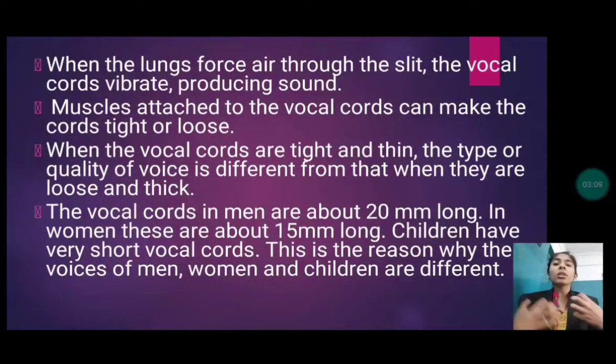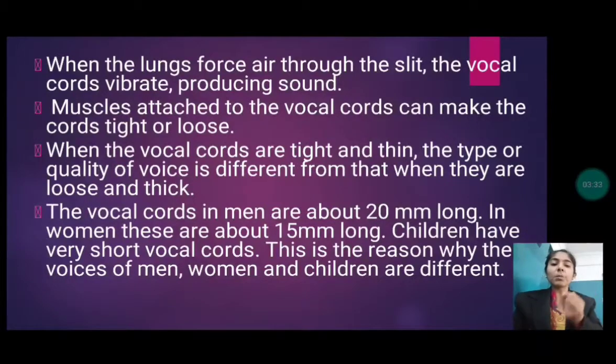Muscles attached to the vocal cords can make the cords tight or loose. When the vocal cords are tight and thin, the quality of voice is different from that when they are loose and thick. So it depends on their arrangement how the voice of a person comes out.